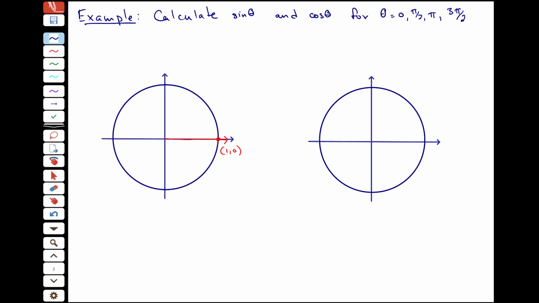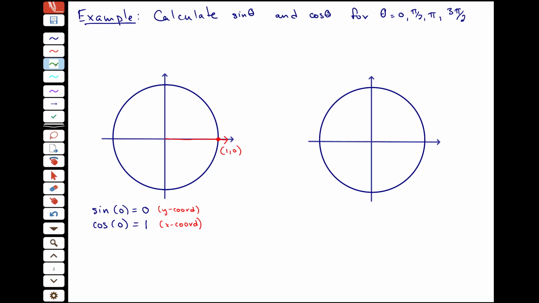So remember, we defined sine of an angle to be the y-coordinate, and so sine of 0 is 0, the y-coordinate of that point, and cosine of 0 is the x-coordinate, which is 1. So again, this 0 is the y-coordinate, and the 1 is the x-coordinate.